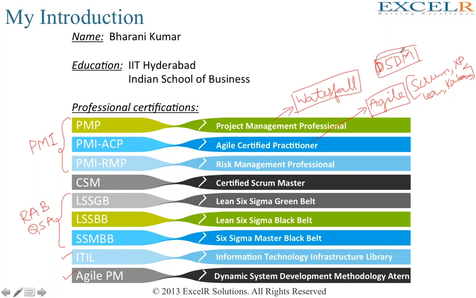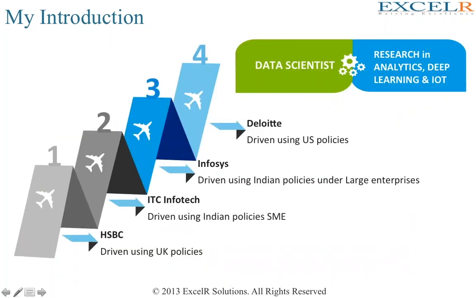This methodology gives organizations an opportunity to test the waters and check whether Agile will work well. DSDM Atern has some flavors of waterfall and some flavors of Agile also. And if it works well, then you can switch to Agile with ease. This is in short about my education and professional certifications.